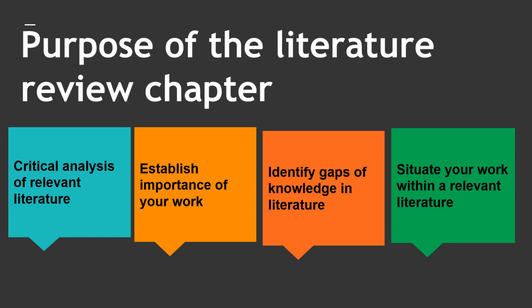As you write your literature review, it's important to acknowledge the main goals or the purpose of the literature review chapter. It's important again to look at credible sources like refereed journal articles or books.